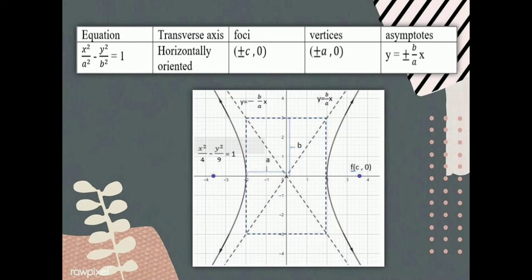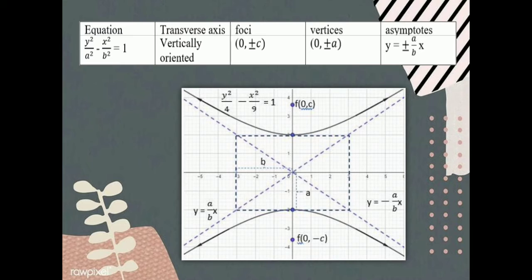And this is an example of the graph of the equation x squared over a squared minus y squared over b squared equals 1. The second equation is y squared over a squared minus x squared over b squared equals 1. The transverse axis is vertically oriented. The coordinates of the foci are (0, plus or minus c).